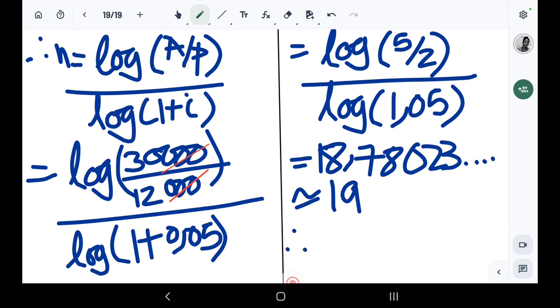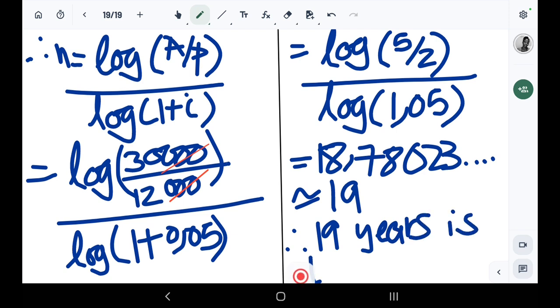Therefore, 19 years is the term of the investment if she wants it to give her 30,000 from her investment of 12,000.